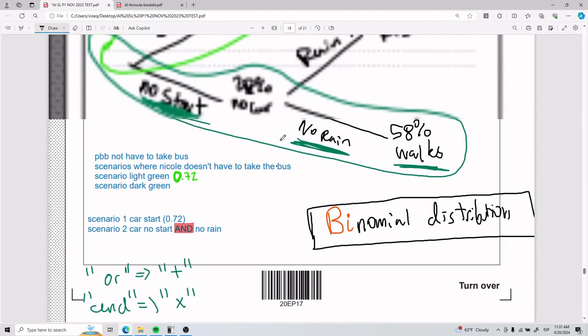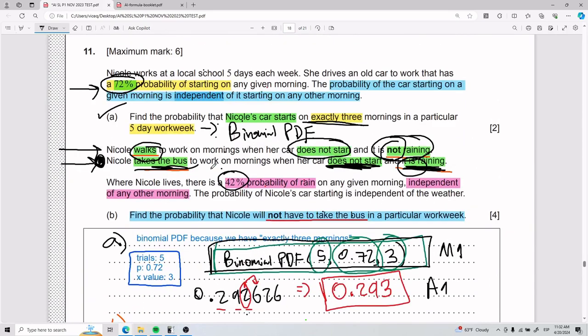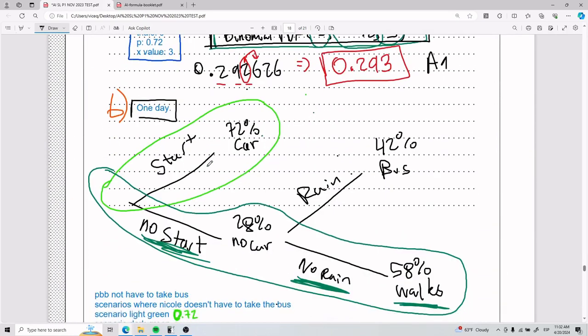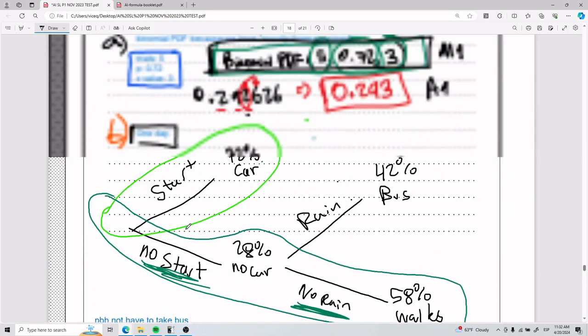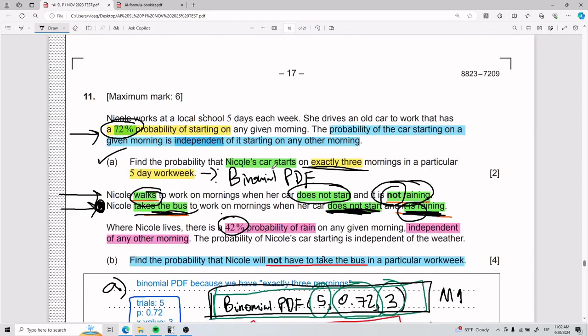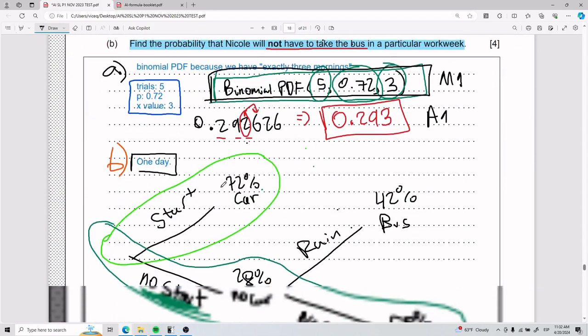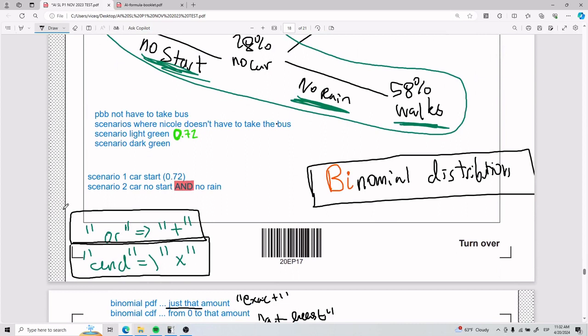So notice how a lot about what I'm talking about here is how to think about probability. The numbers and the fractions you're putting into your calculator are really not that hard, but you do have to keep in mind if you're thinking in terms of or, it's plus. If you're thinking in terms of and, it's multiply. If you're thinking in terms of one or the other, it's binomial. That kind of stuff is what we need to identify. So scenario 2 is car no start and no rain.